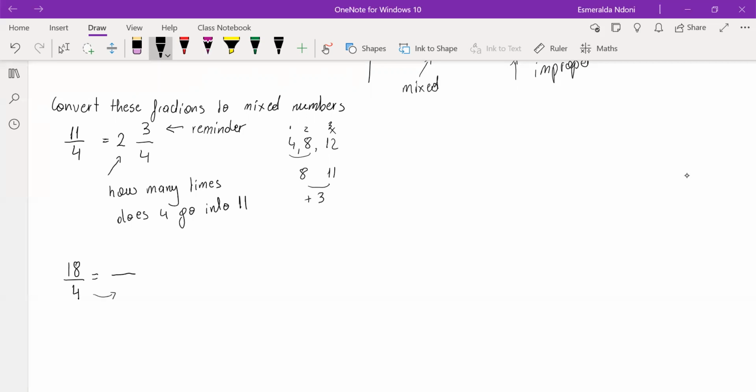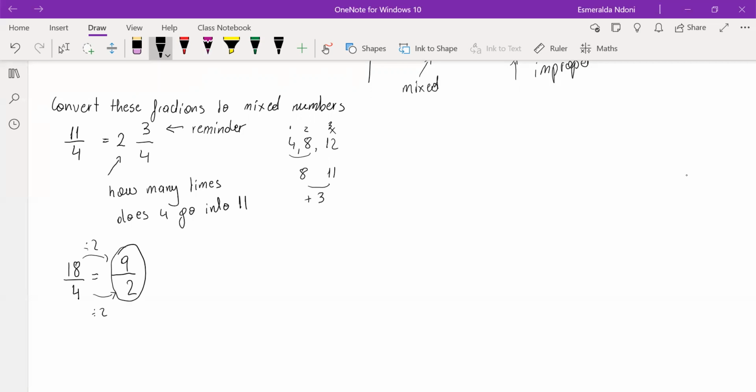So I divide them both by 2. 18 divided by 2 is 9, and 4 divided by 2 is 2. Now I have smaller numbers to work with. It's a lot easier for me to do the 2 times tables than the 4s.